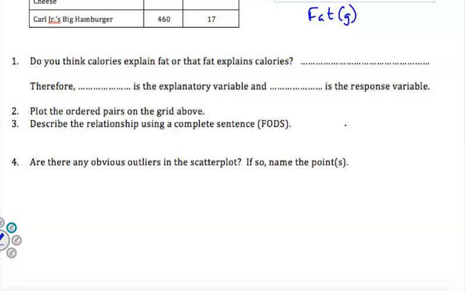And so over in this line, I'm going to say fat explains calories. Therefore, fat is the explanatory variable and calories is the response variable.